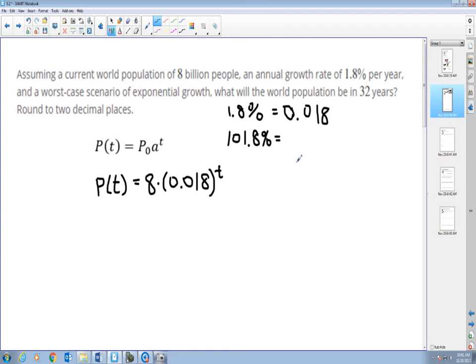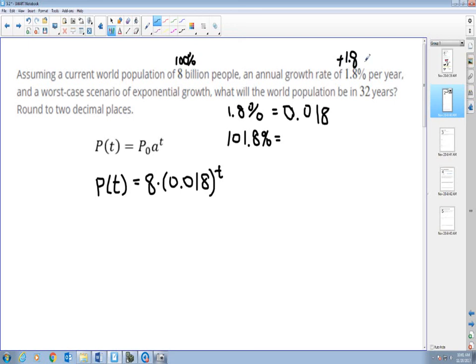Think about this. My growth is 1.8%. That's right. So once I figure out what my growth is next year, I still have to add on to the original initial 8 billion. So what we can do easily is take the entire 100% of the 8 billion people and add on my 1.8% growth.